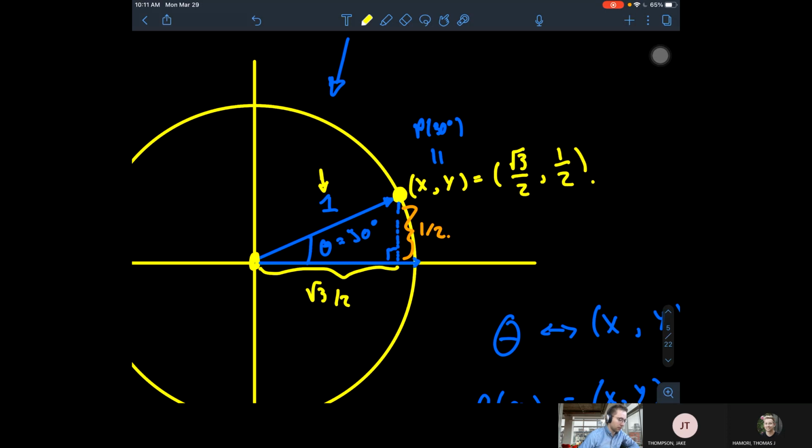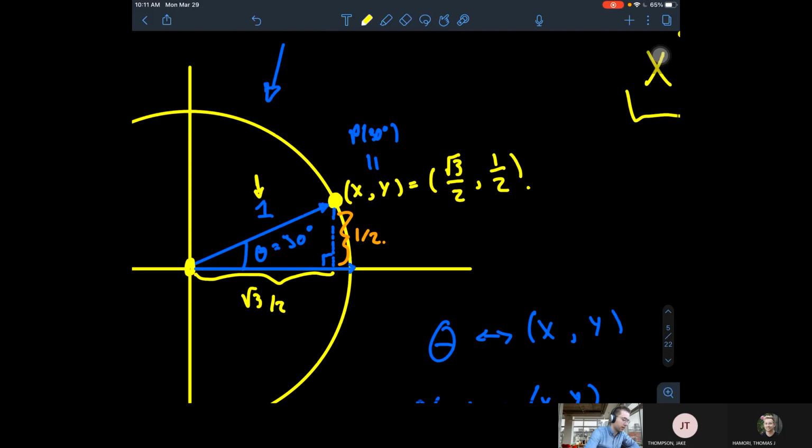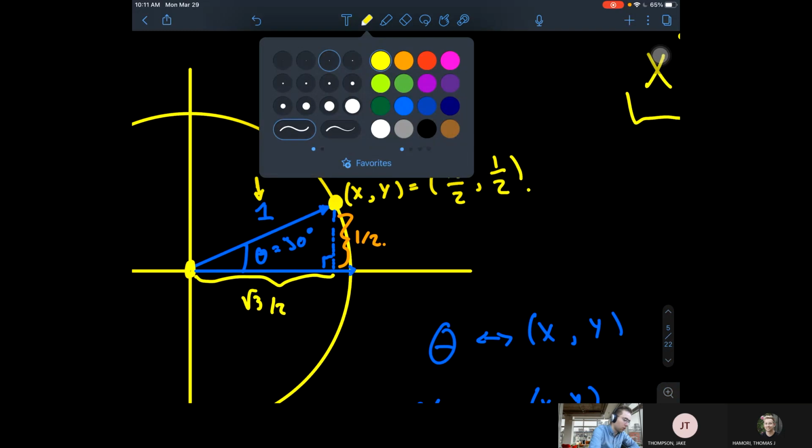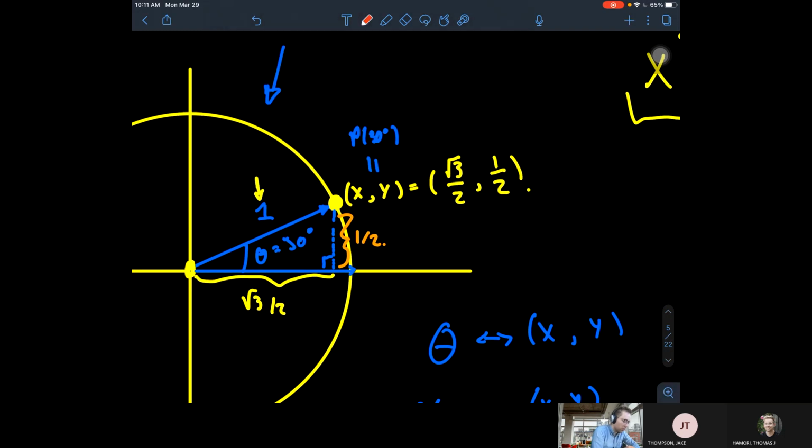And here's where sine and cosine come in. If you give me an angle, I can put it inside the unit circle and it points at some point on the unit circle, right?